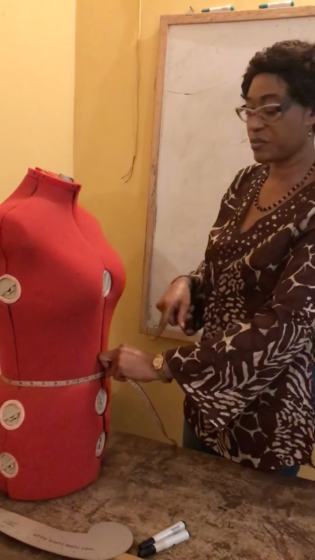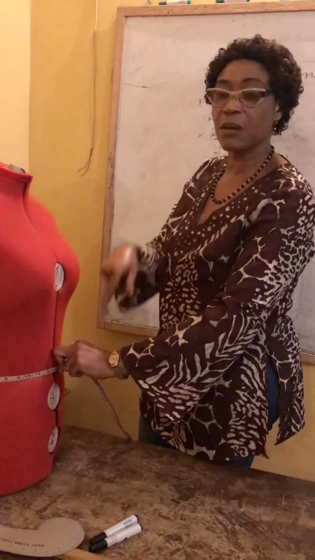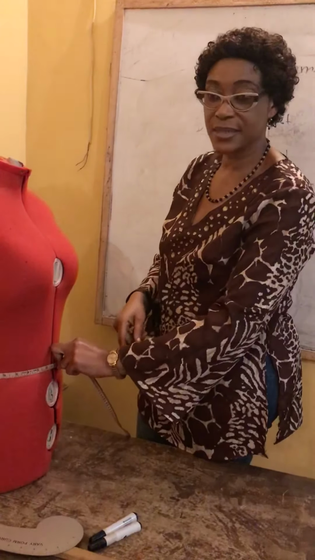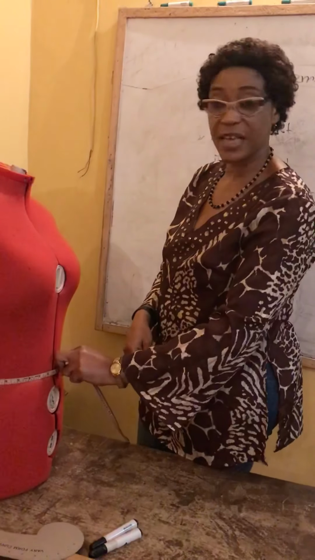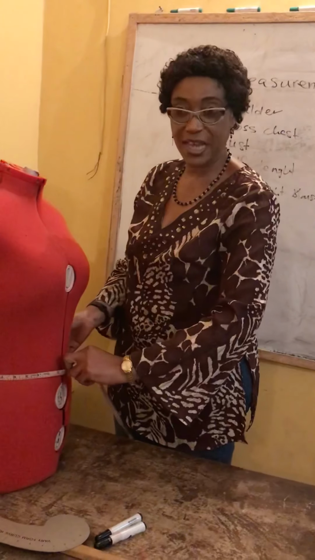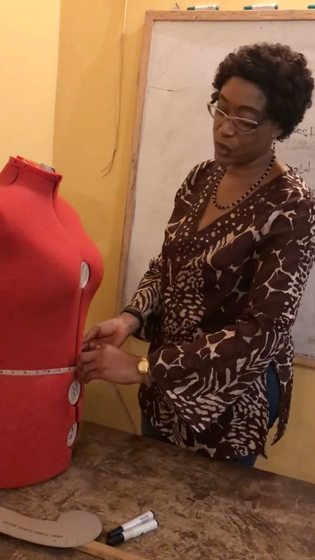Of course, always remember that whenever you are taking a measurement all around, one finger must be between the body of the client and the tape rule. So we have 30 inches here for the waist measurement. If your client wants it a bit loose or a bit tight, you always discuss that with your client while taking the measurement.